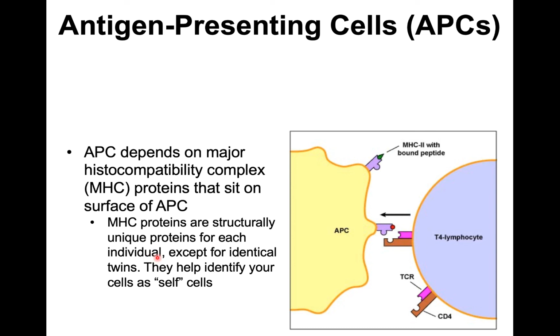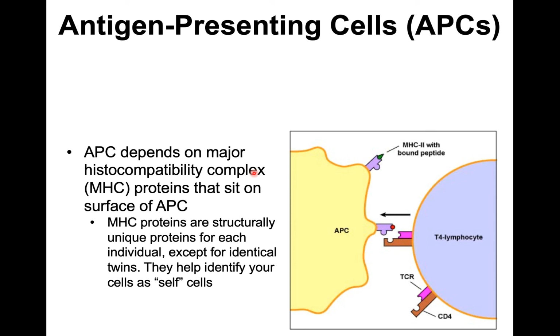APCs, antigen-presenting cells, if you see it here. The APC engulfs the bacteria and presents the antigen right here. That green thing is an antigen, that pink thing is an antigen. It presents the antigen on these little arms that stick out. These purple arms are called MHC proteins, major histocompatibility complex proteins.